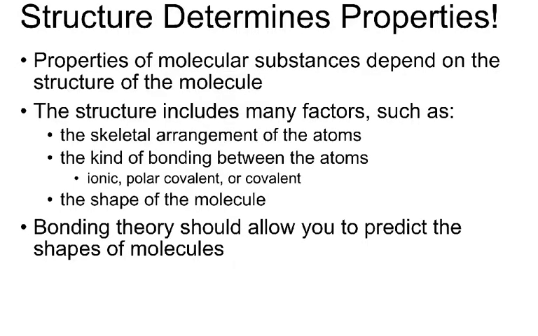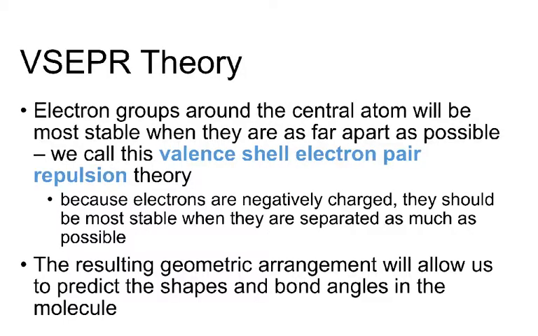So far we've talked about things like the skeletal arrangement of the atoms, the kind of bonding, ionic versus covalent, determining the properties, but the shapes also determine the properties of a molecule. And so a robust bonding theory should allow you to predict the shapes of molecules along with those other things.